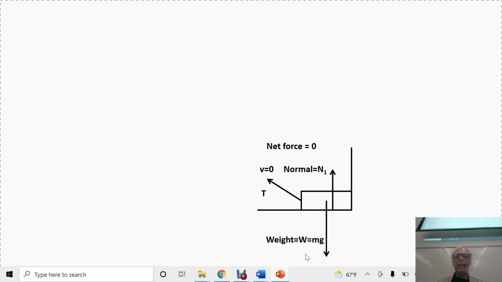Let's say I attached a string to this object. If the object is at rest, there must be a force that's preventing the object from moving to the left. And this force can be, for instance, the force of friction between those two surfaces.